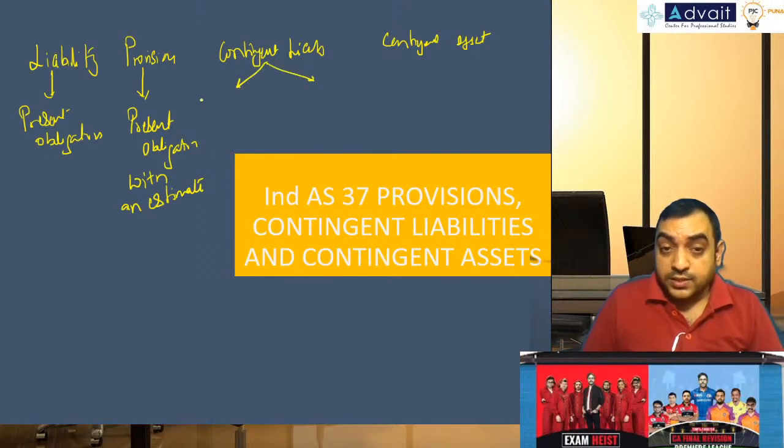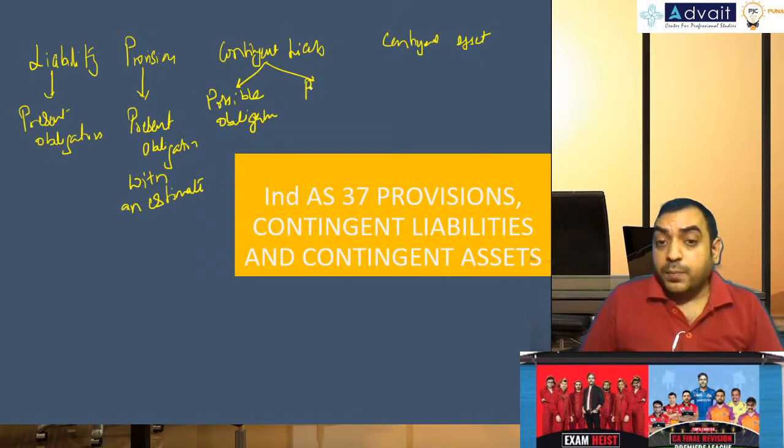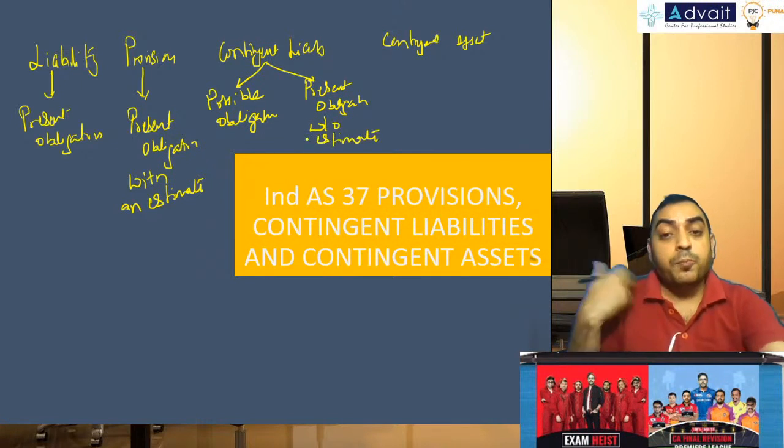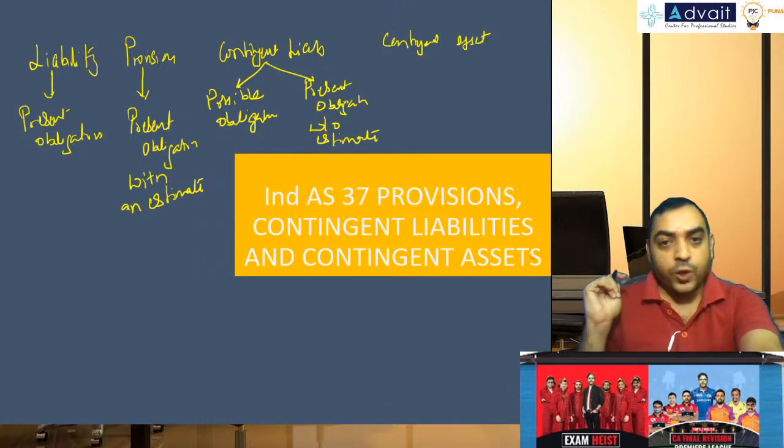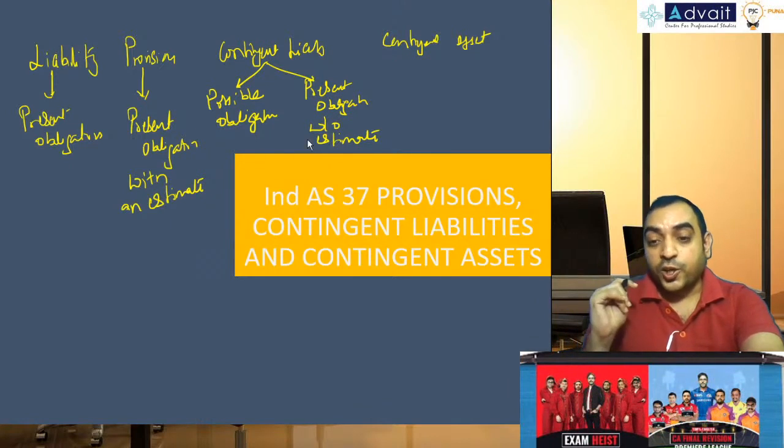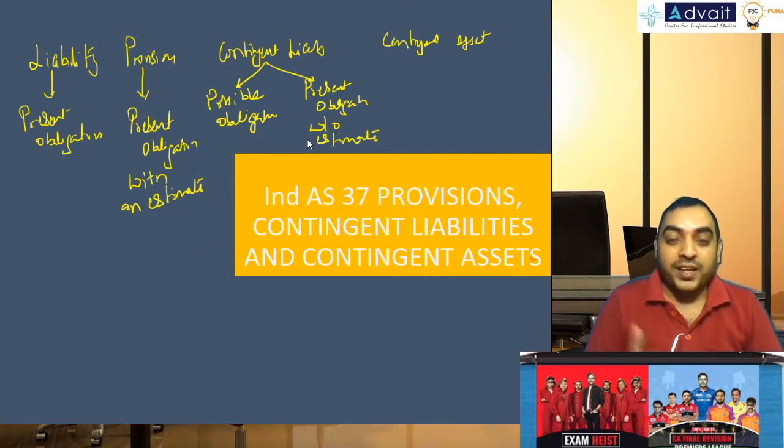Contingent liability means a possible obligation, or maybe a present obligation without estimate. There is a present obligation, but you are not able to make an estimation, then also it is a contingent liability. But the normal definition for CA students is that a contingent liability is one which may or may not happen, like my result may or may not come in July or November.